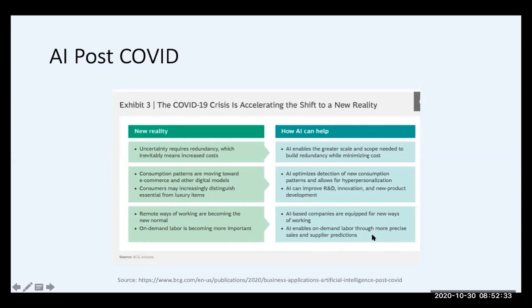With a complex data set and a complex problem, that is the work of AI. So AI can help in identifying patterns and reducing cost. If working from home is a new norm, or on-demand labor is becoming more important, then AI can bring value.